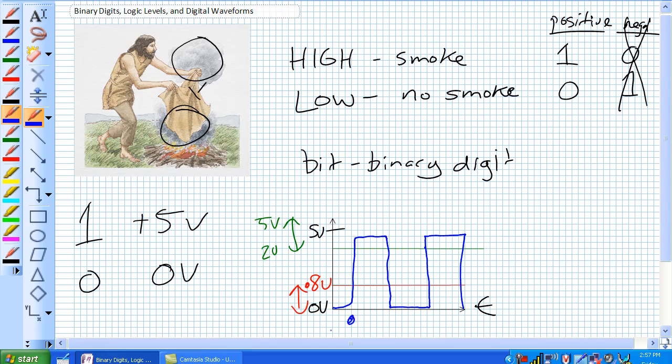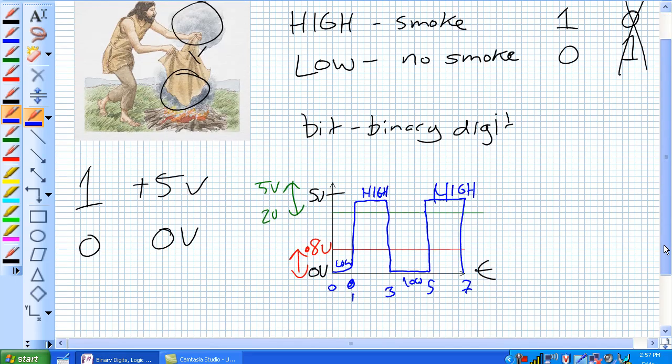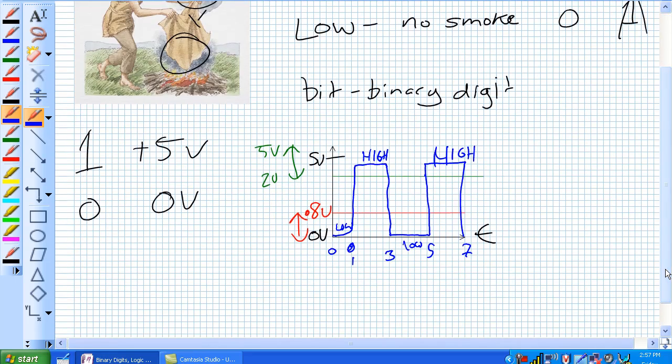Between 0 and 1, it's definitely low. Between 1 and 3, it's definitely high. Between 3 and 5, definitely low. Between 5 and 7, definitely high.